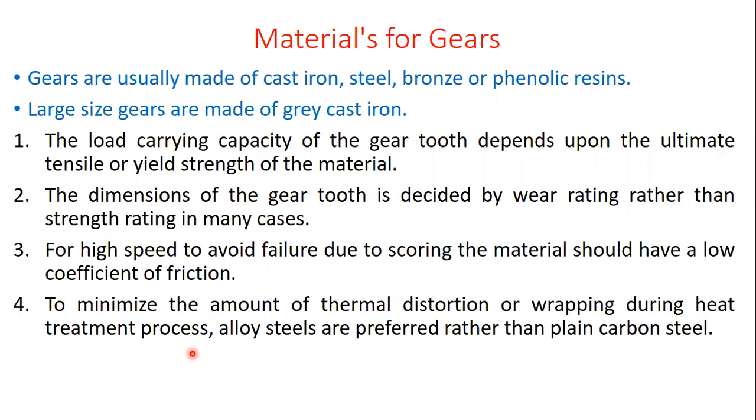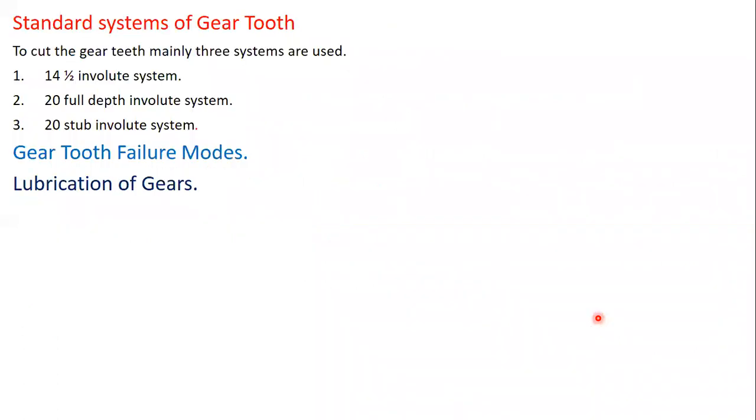After that, oil quenching or water quenching is done. That is basically done to increase the mechanical properties of the material. Similarly, to minimize the amount of thermal distortion, alloy steels are preferred rather than plain carbon steels. This is about the materials for the gears.